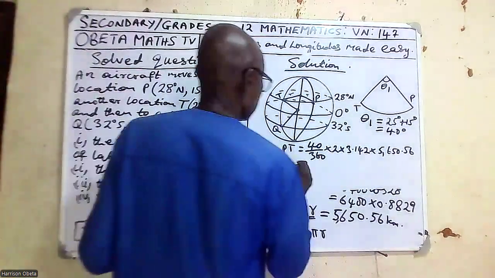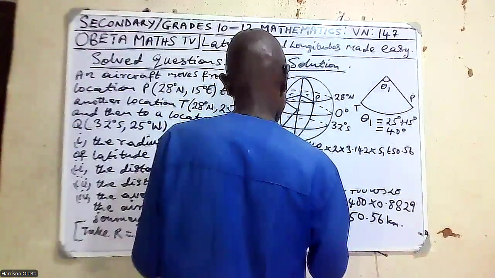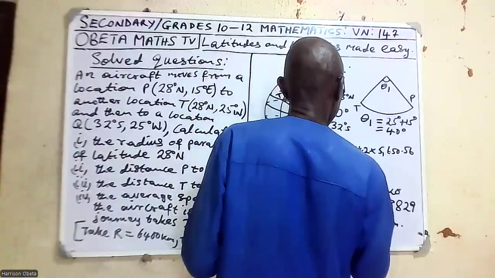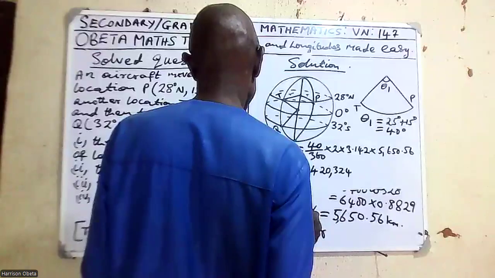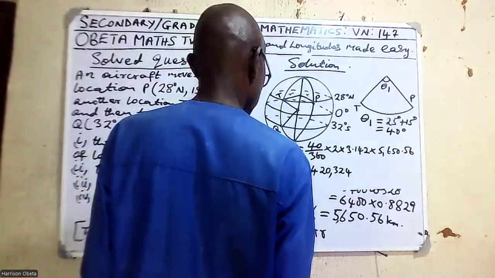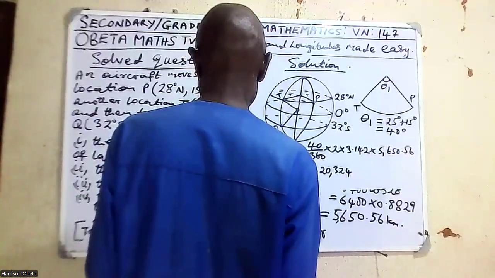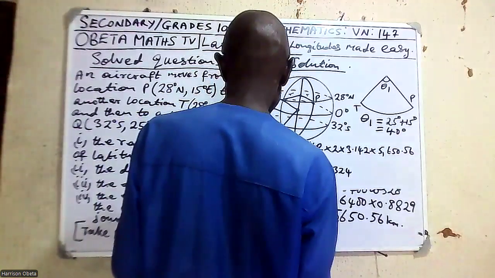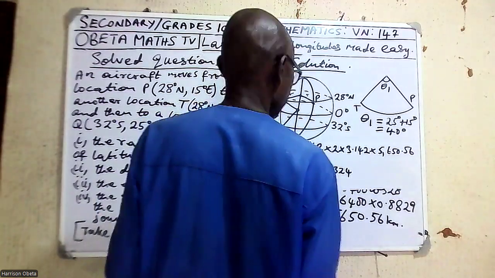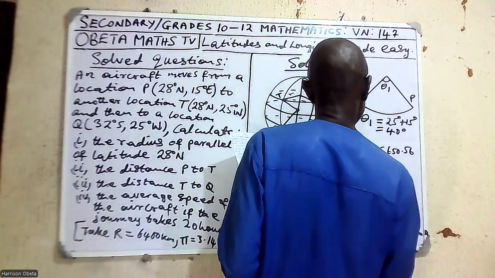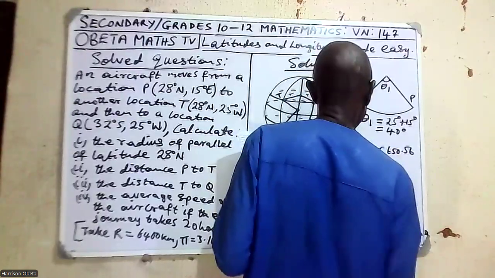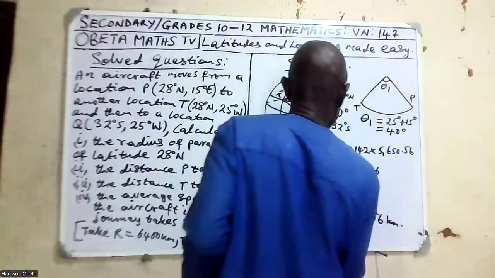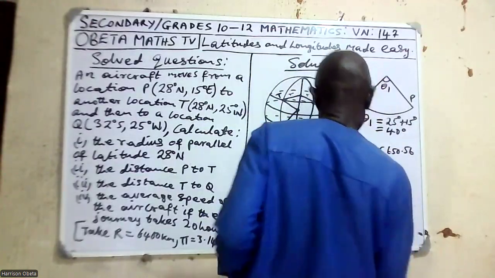Then you carry out the multiplication using our calculator. That will give us 1,036,16.7616, then all over 360.